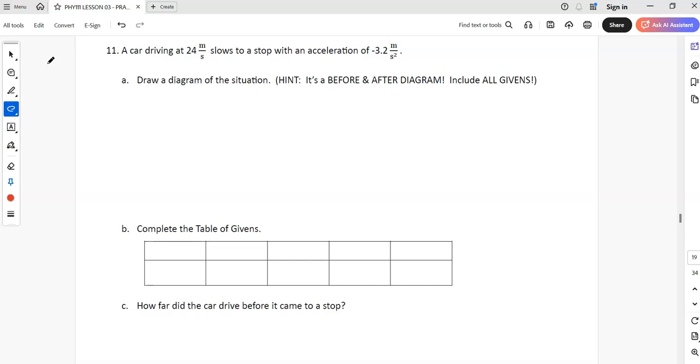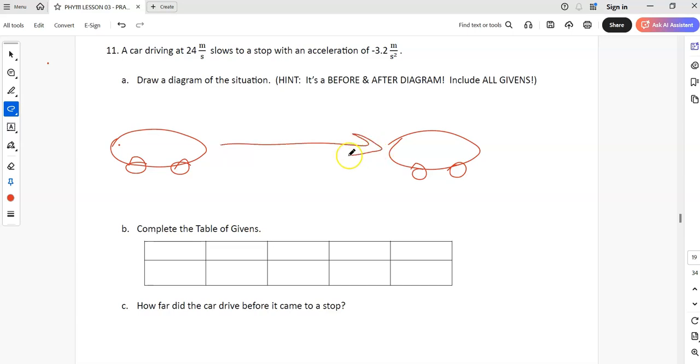It says draw a diagram of the situation, before and after diagram. On an exam, it's not going to say before and after. You have to know to draw before and after. So let's consider our before, our very simplified car before, and our very simplified car after. Something happens in the middle, and it comes to a stop.